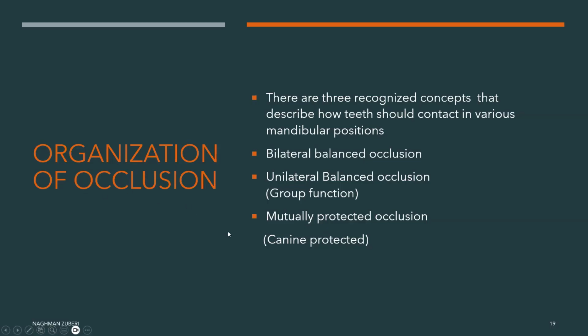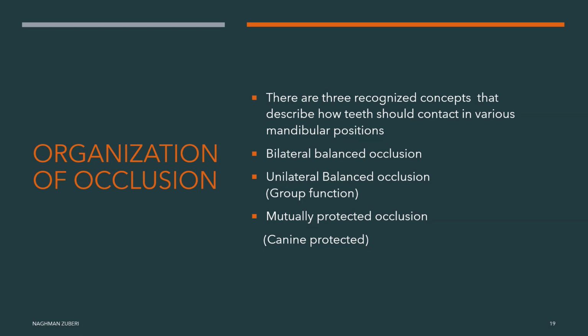Organization of occlusion. There are three recognized concepts that describe how teeth should contact in various mandibular positions. The bilateral balanced occlusion, which we try to achieve in our complete dentures, or long span removable partial dentures.